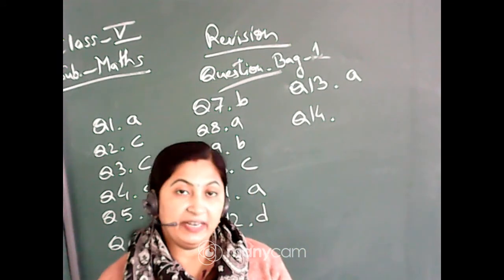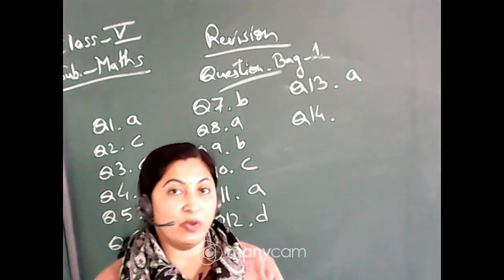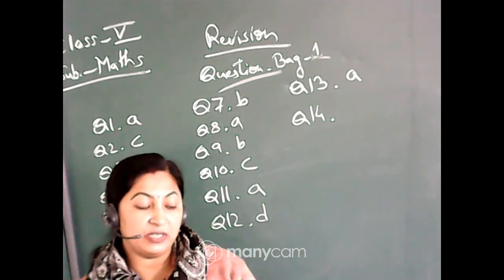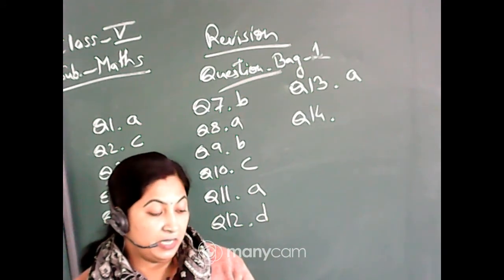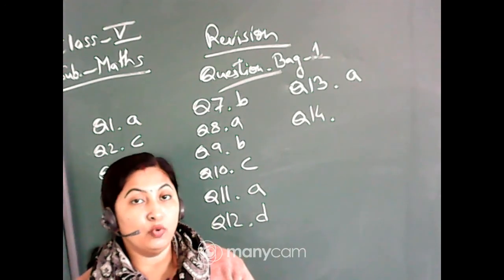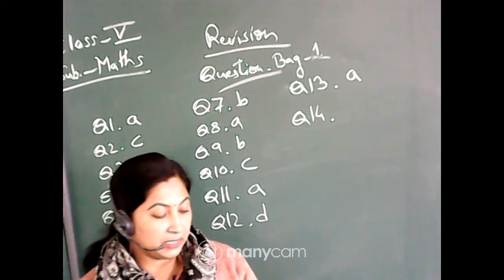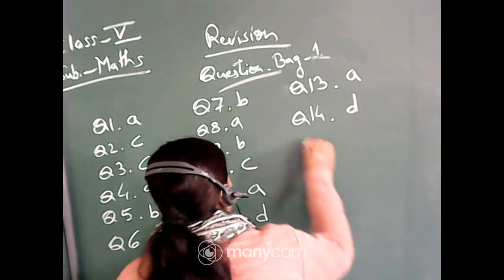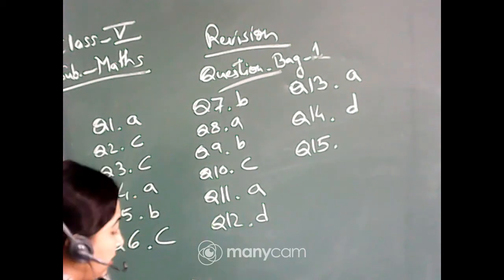So you divide it, and you will get 2, because 131 twos are 262. So 2.62 divided by 131, 2 will come. Now you have to see where the point will come. From the back side you count 2 digits and then you give the dot. That means 0.02. So for question 14, the answer is option number D.